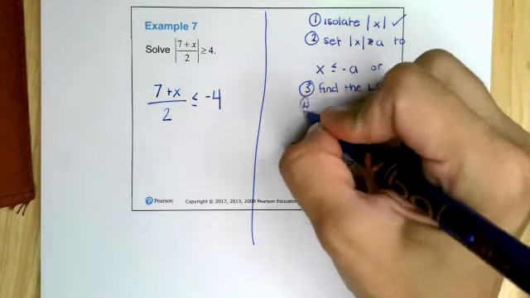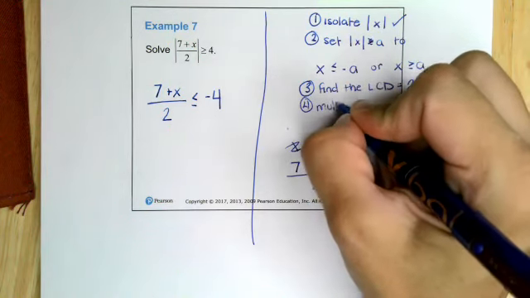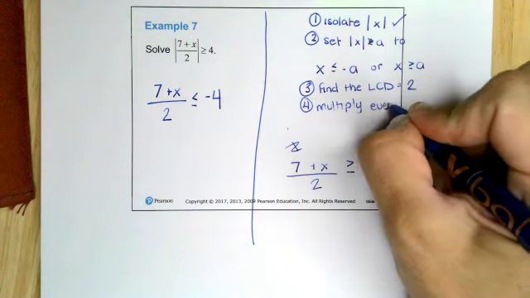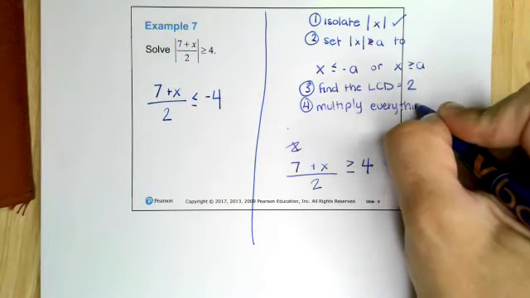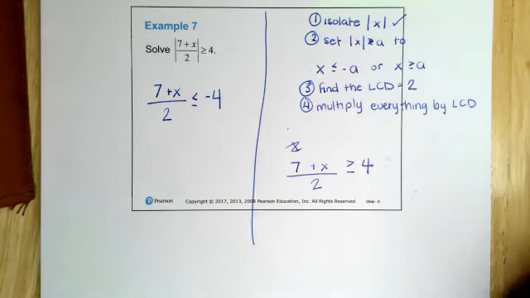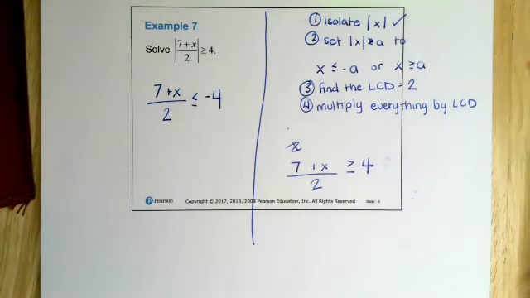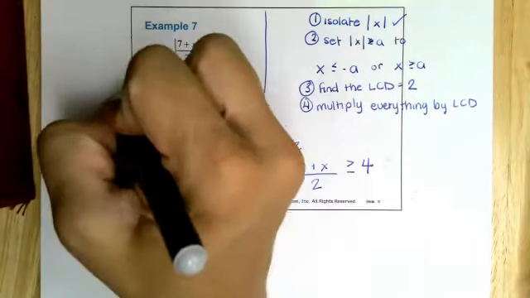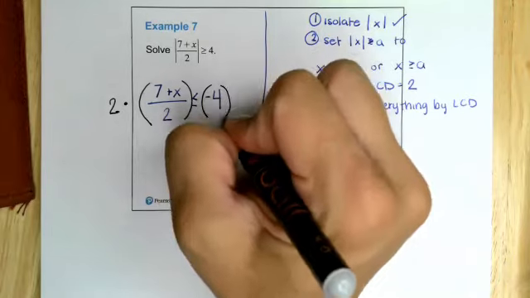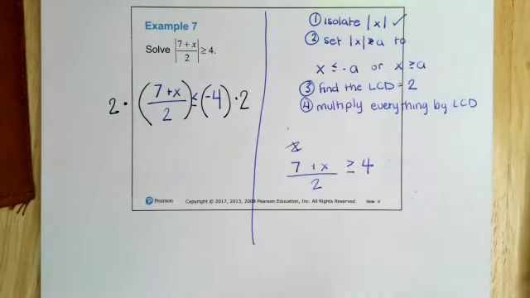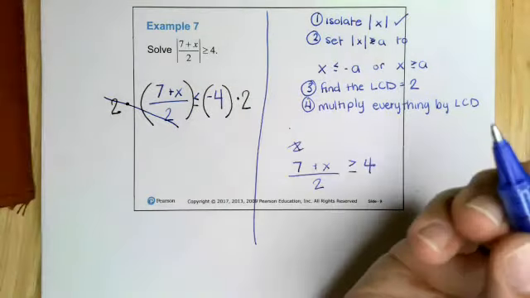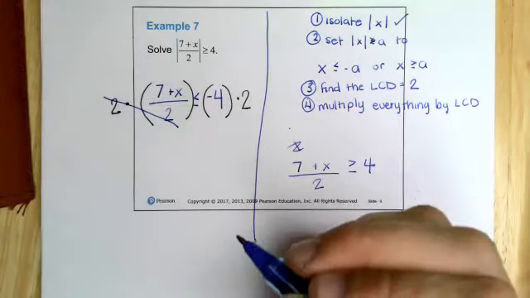And then multiply by the LCD. Times 2, that's all one division problem, -4 times 2. The reason we did that was to cancel those. So those are canceled. 2 divided by 2 is just 1.